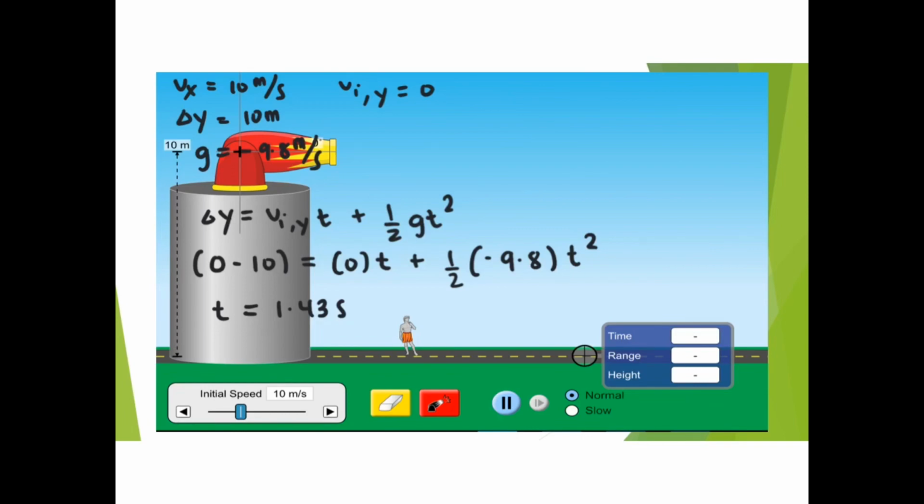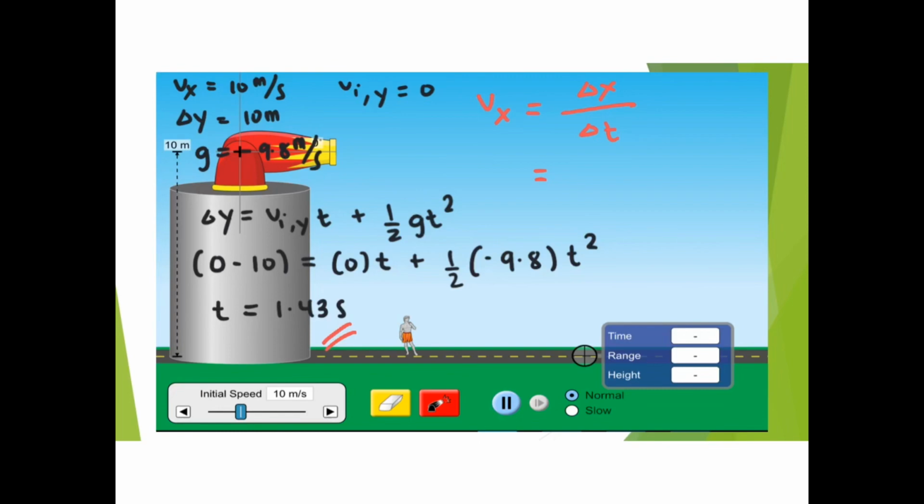Now that we have the time of the projectile in air, we are going to use this to solve for the horizontal displacement, or the range, which pertains to the x component of the projectile's motion. So we are going to use the formula Vx, or the horizontal velocity, is equal to the horizontal displacement divided by the time in air. Then we substitute the values.